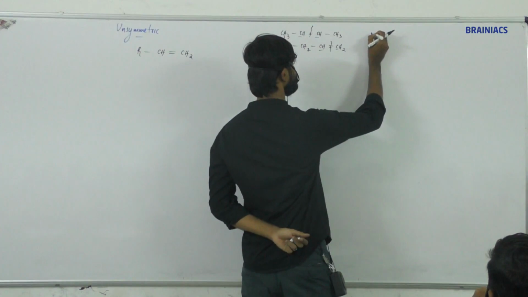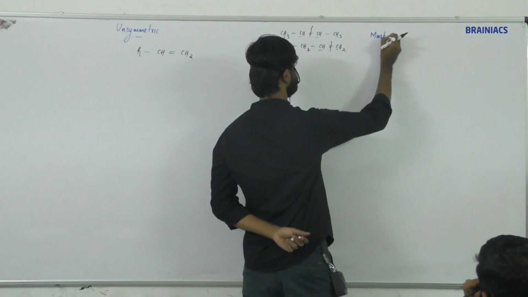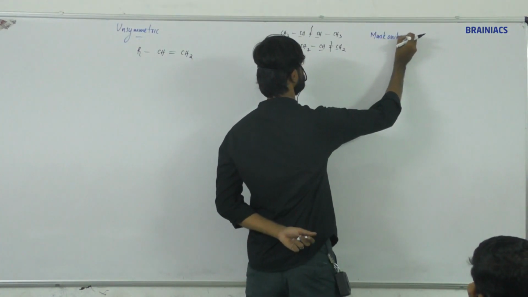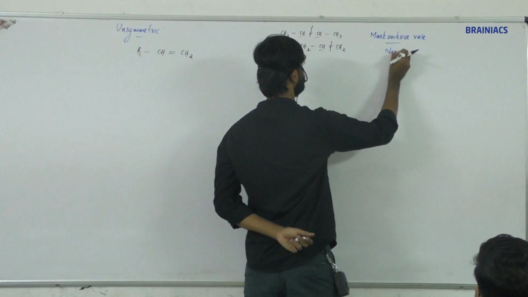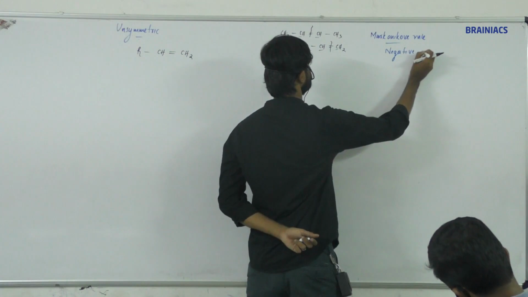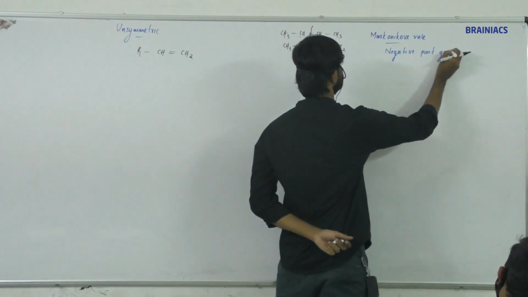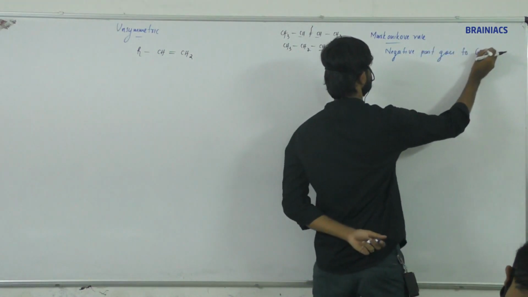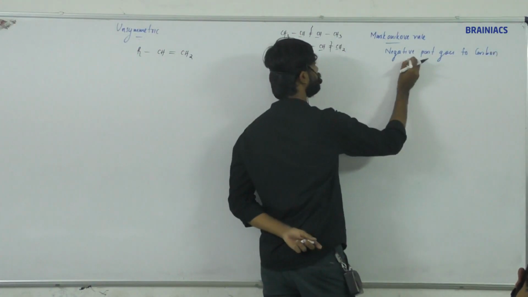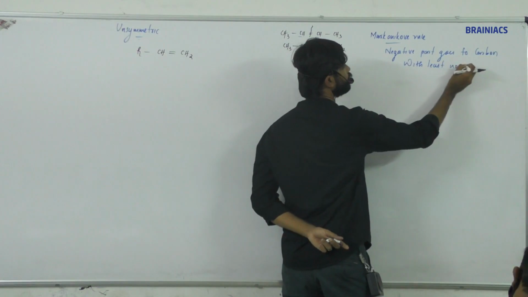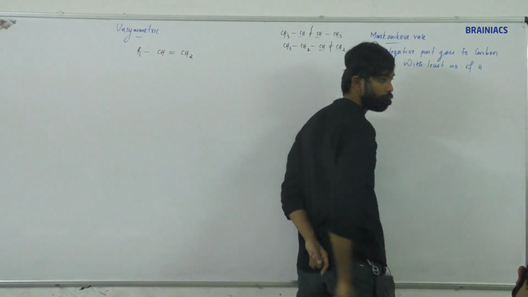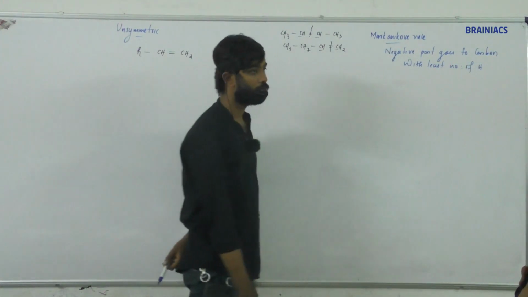Then the Markovnikov rule is: the negative part goes to the carbon with the least number of hydrogens. I think you know that.